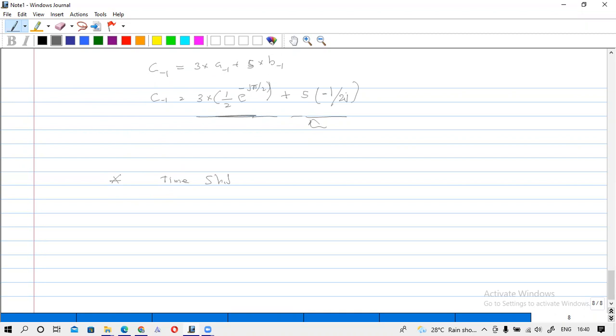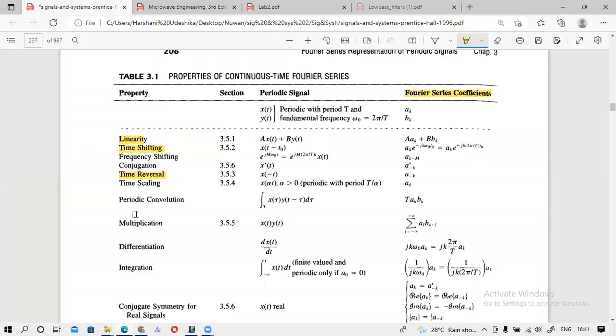Time shifting property. I think we have already learned the time shifting, that is under time transformation. If you are given xt, and you get the Fourier series coefficients, let's say ak, then if you are given x of t minus t naught, that means a time shifted signal, the Fourier series coefficients will be, I can't remember, we have to check.